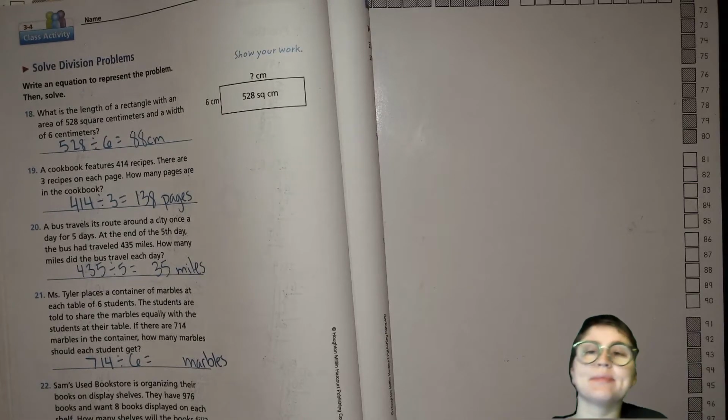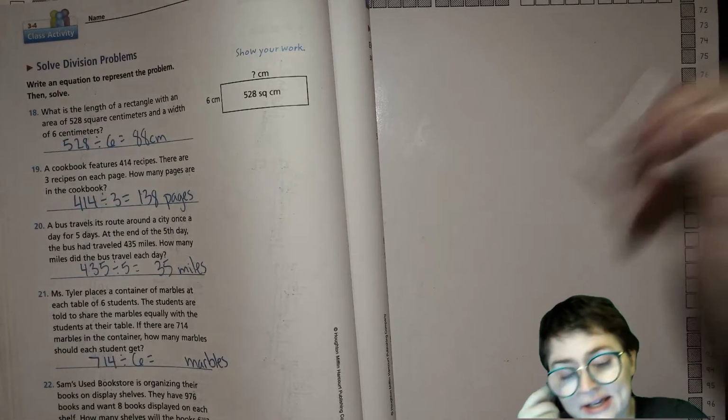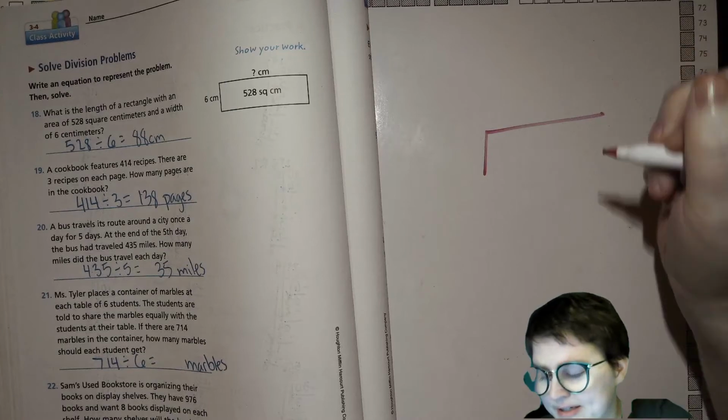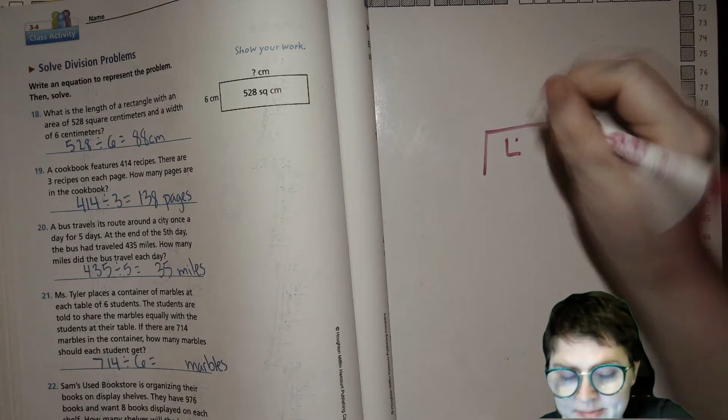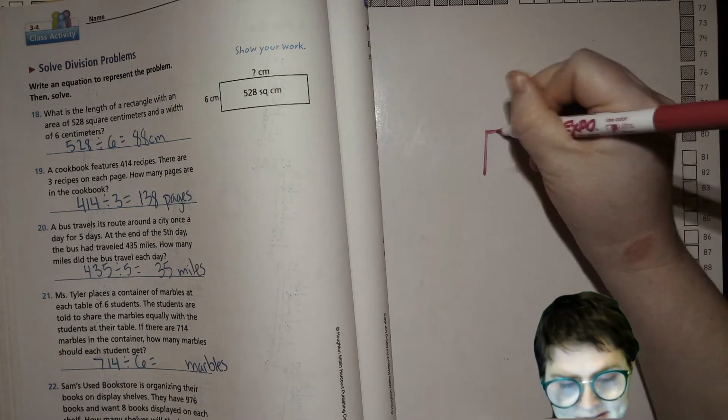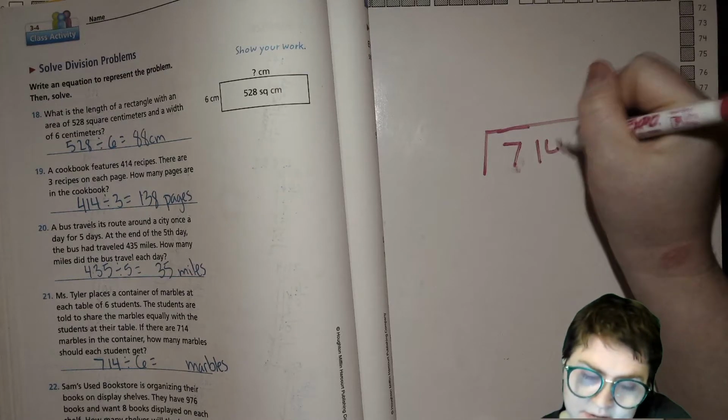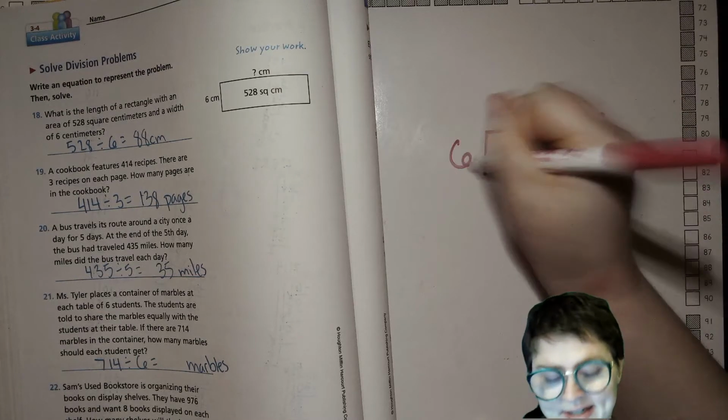Then we'll put our dividend inside the symbol, the divisor outside, and we'll find the quotient.